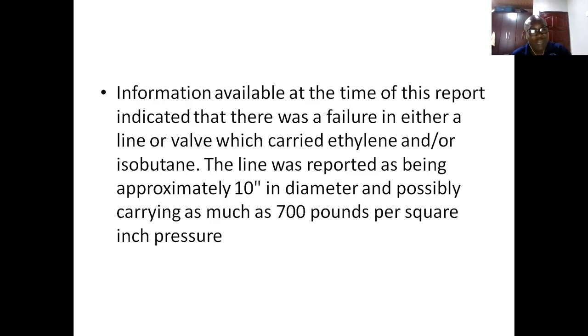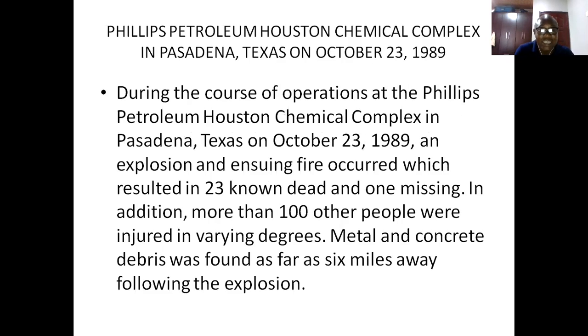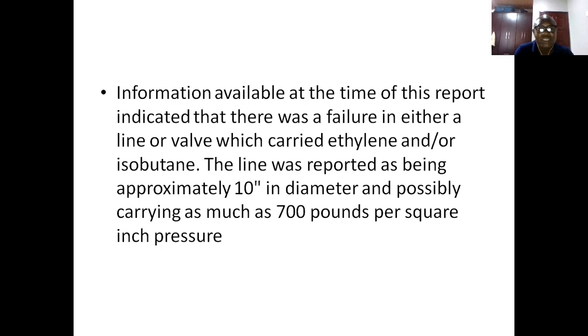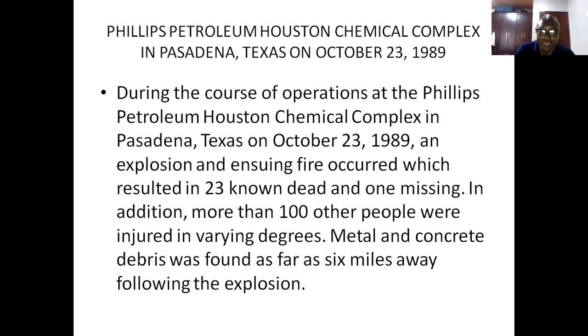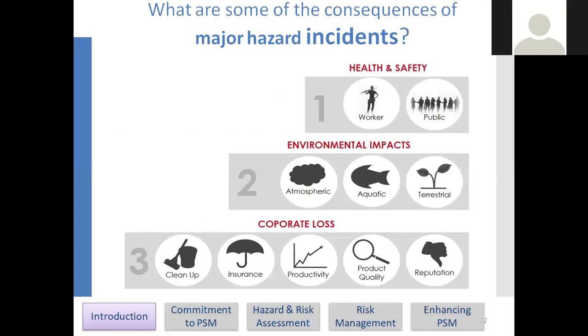The line was supposed to carry 700 pounds per square inch, but the pipe they were using was what? 10 millimeters in diameter, which shows that the pipe is too small to carry the pressure load. And because the content is a chemical, it exploded, and the explosion caused 23 people dead. So you can see that various incidents can occur due to industrial accidents.